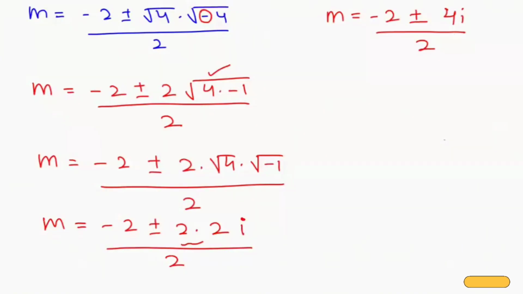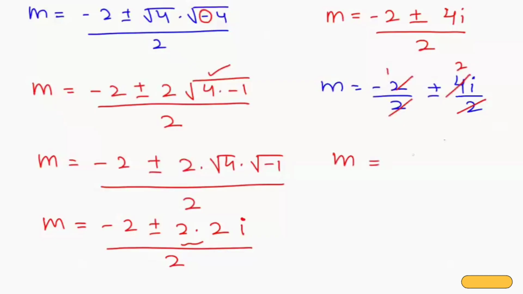Now this 2 is a common denominator, so I'm going to write it with both the numerator. 4 iota over 2, here this will reduce to 1 and this will reduce to 2. So here we'll get the m value, that is minus 1 plus minus 2 iota. So here we get the two m values, that is m is equal to minus 1 plus 2 iota, and the second one we have minus 1 minus 2 iota.